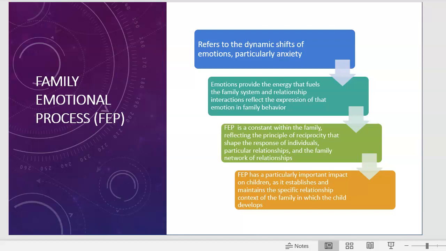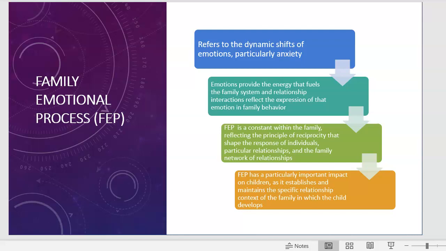Family emotional process is particularly important in its impact on children and their development. The family is the first place where children are socialized, where children learn, and where children develop those working models of attachment and relationship dynamics, which they then take and apply to their external relationships with others.